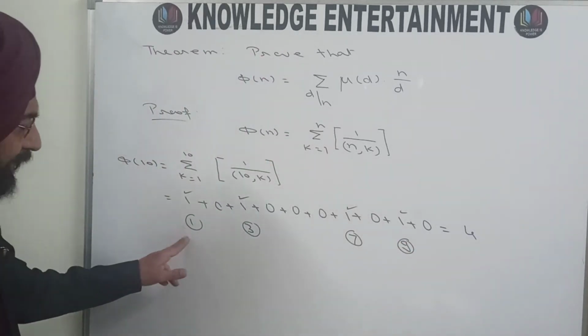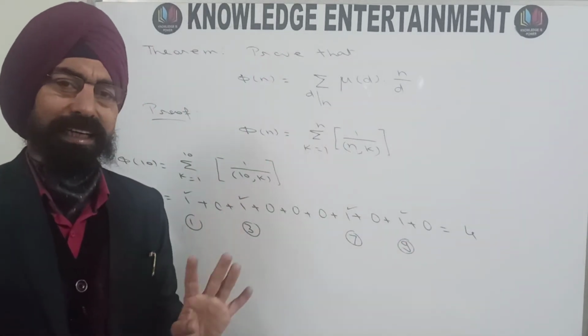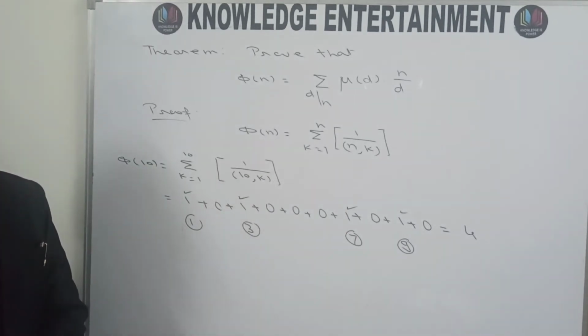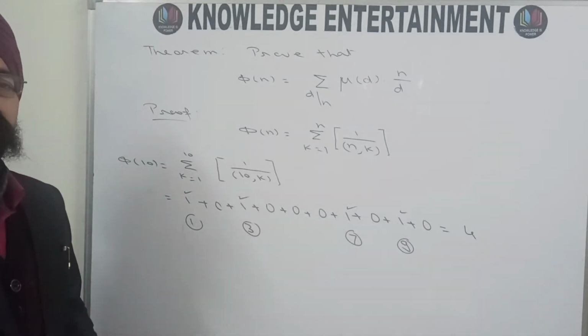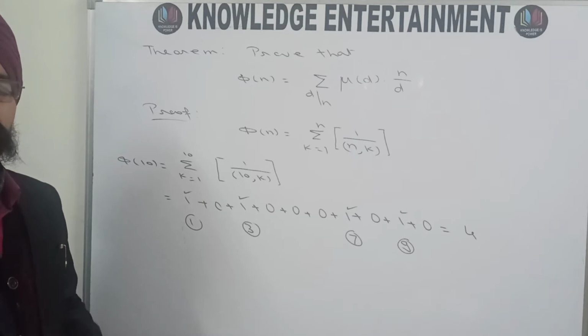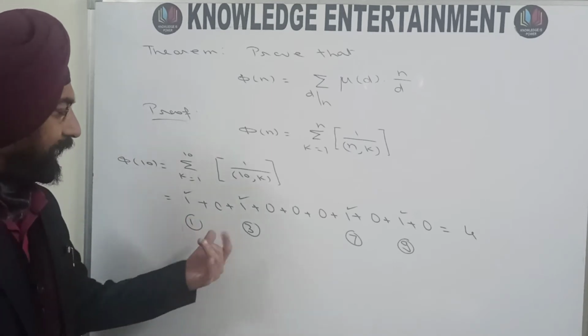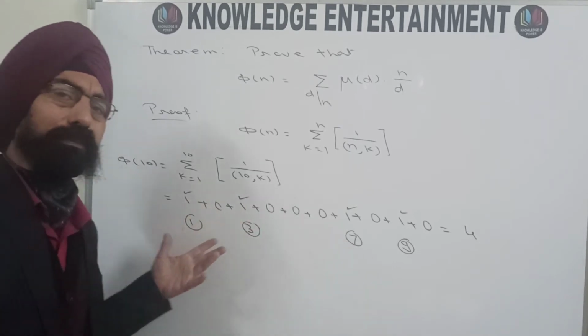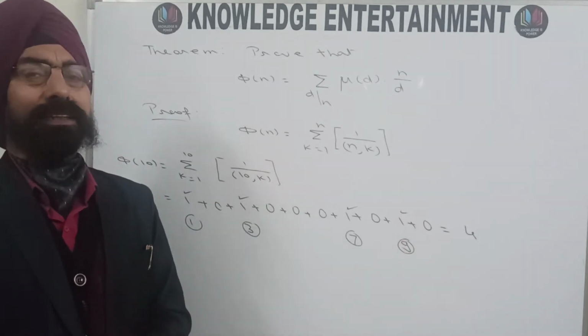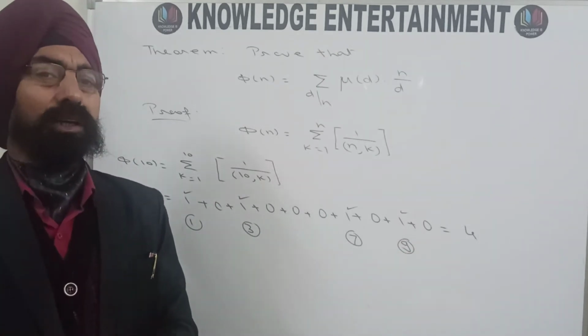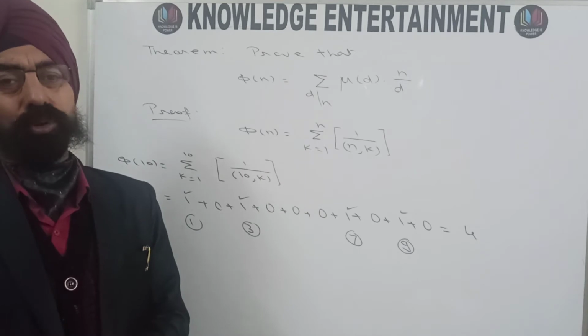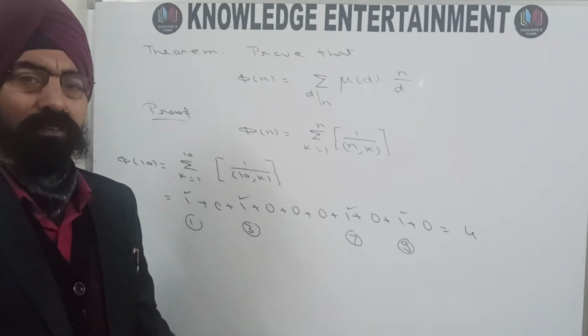And in fact these are the numbers less than 10 which are coprime to 10. And whenever you are having a number less than n coprime to the number n, you will get 1, otherwise you will get 0, and that means what you are going to get is the number of natural numbers less than n which are coprime to n, and that is nothing but the value of phi n.